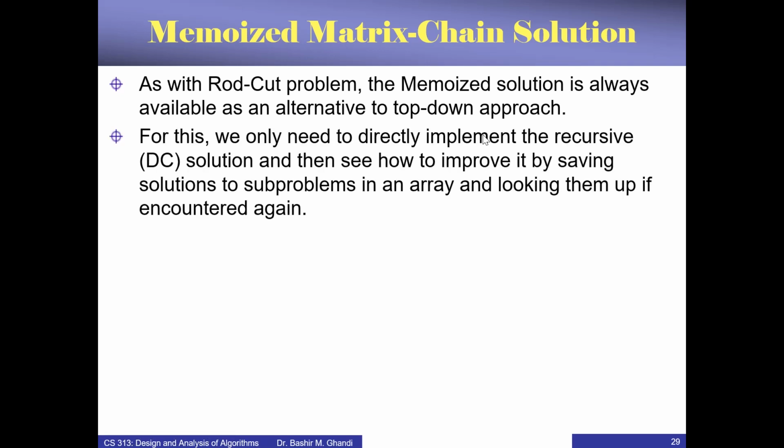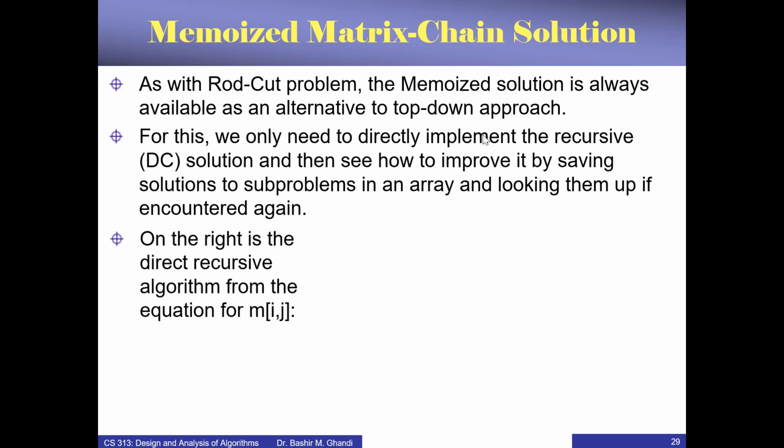For this, we only need to directly implement the recursive divide and conquer solution and then see how we can improve it by saving solutions to subproblems in an array and looking them up if they are encountered again.